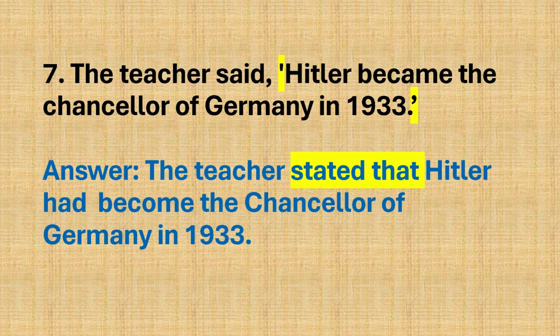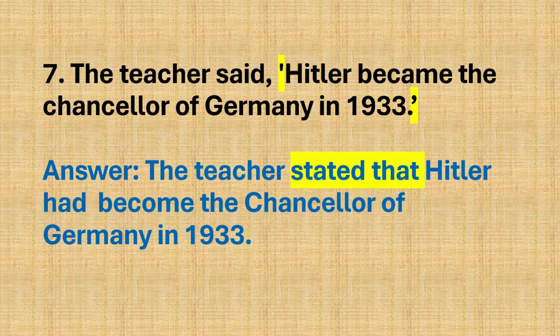The teacher said, Hitler became the Chancellor of Germany in 1933. Answer: The teacher stated that Hitler had become the Chancellor of Germany in 1933. In the above sentence, no tense change since the event is a historical fact, the simple past remains the same in the indirect speech.